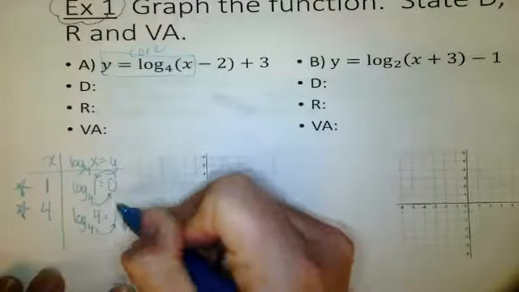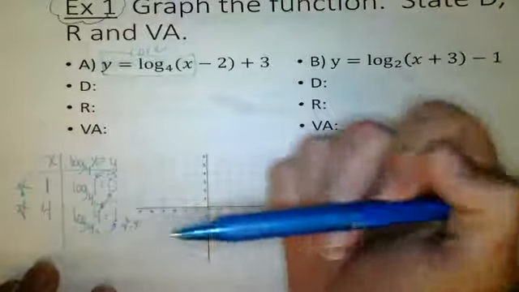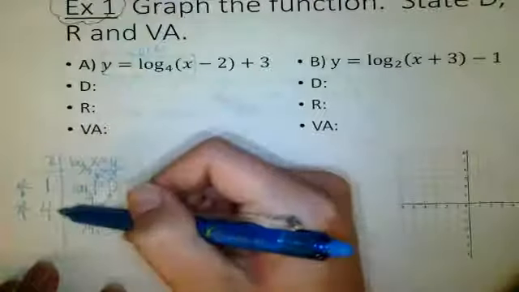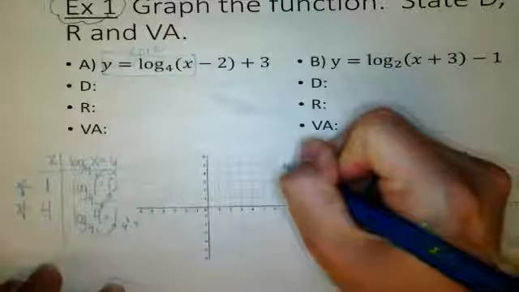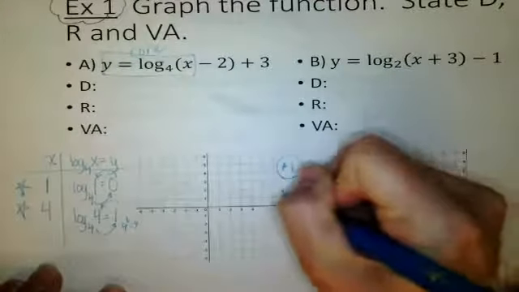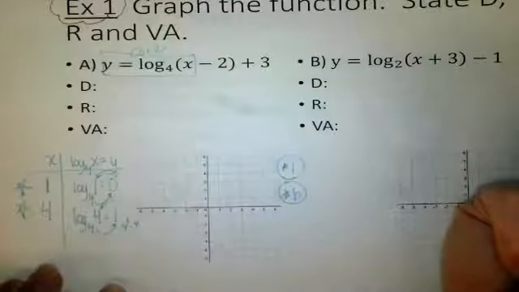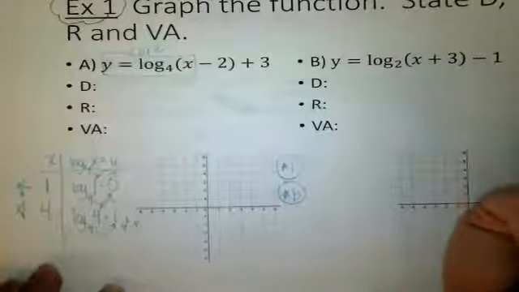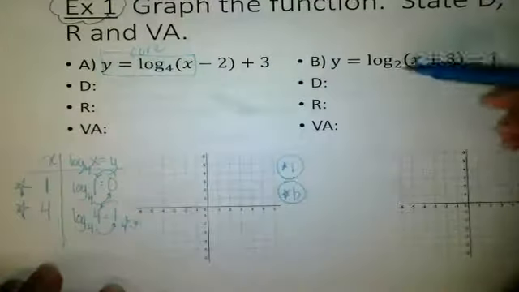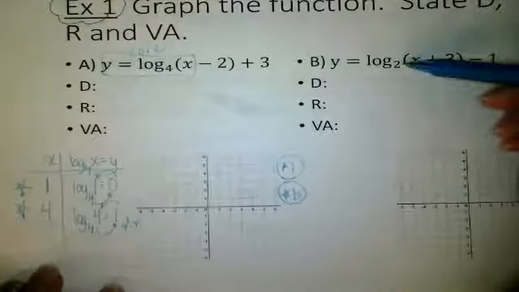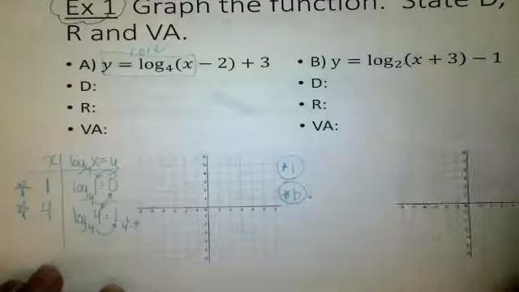Because 4 to the first power always equals itself. So we're going to use these 2 points every single time. Not necessarily 1 and 4. Always 1, and always whatever your base happens to be. Because they're always going to turn out super nice. So here our base was 4, so we use 1 and 4. Here our base is 2. What values are we going to use? 1 and 2. Every time.